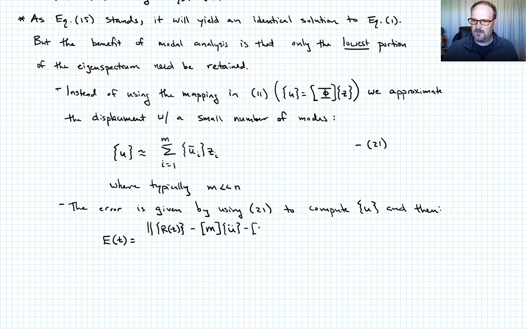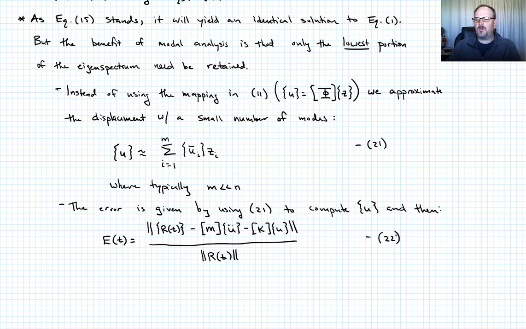Minus K times u, that norm, divided by the norm of r. And obviously this is just basically equation 1, saying r, the right-hand side, minus the left-hand side. So if it's exact, this numerator will be 0. Okay, we'll call that equation 22.